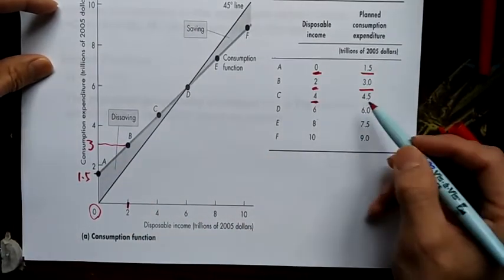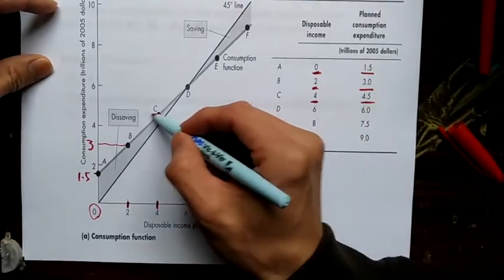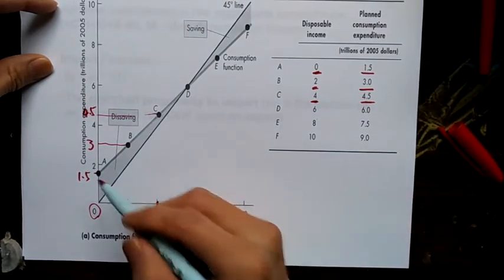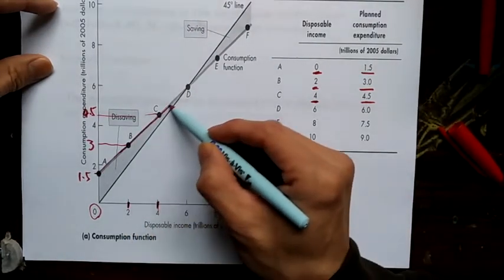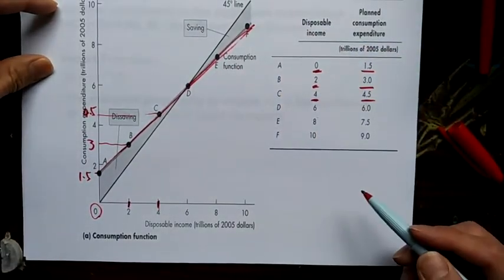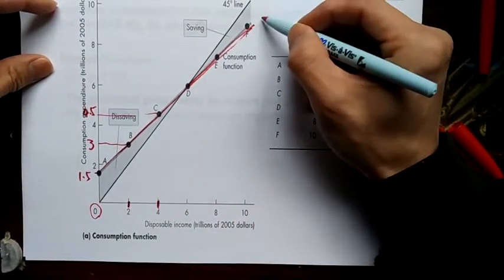If your disposable income is 4, you plan to consume 4.5. Therefore, you can draw your consumption function.